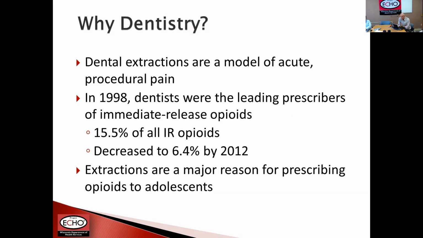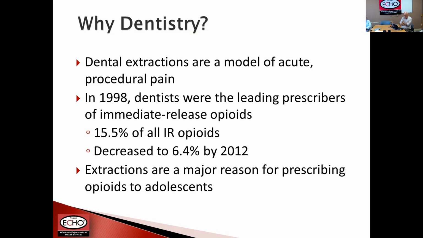I found it interesting that about 20 years ago, dentists were the leading prescribers of immediate release opioids. They are still one of the specialties that prescribes a lot of immediate release opioids, but I'm really encouraged by the fact that they've reduced the number of opioids prescribed by dentists dramatically in that time, going from about 15% of all the immediate release opioids to about 6.4%.